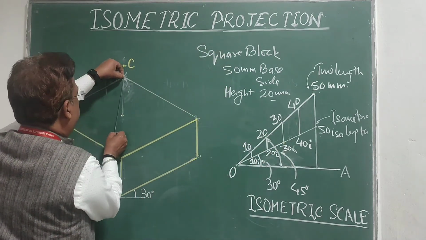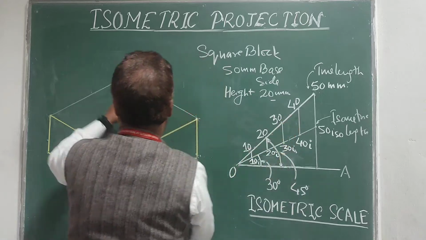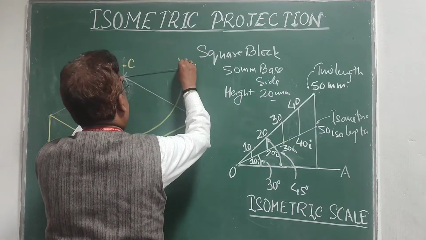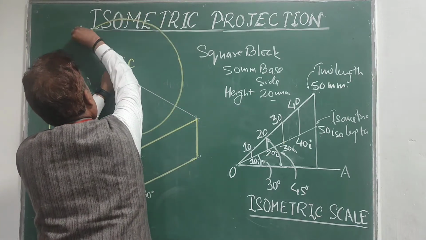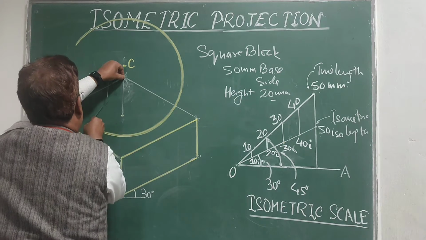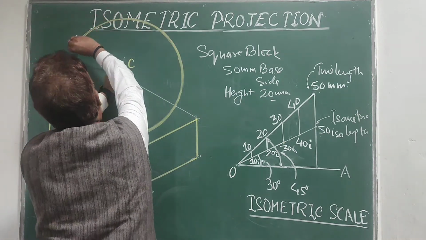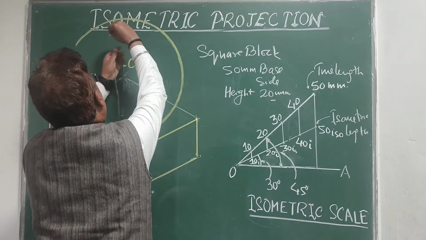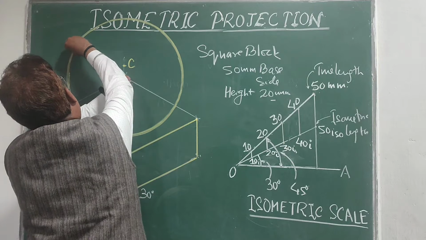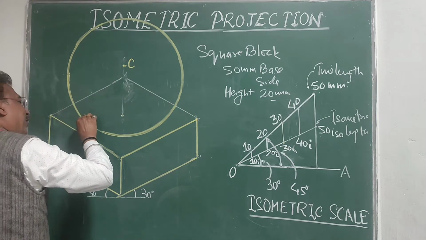Actual 30 means take C as center and this actual 30 and draw this circle. So it will come like this. I have taken a very big size sphere. So it will look like this.